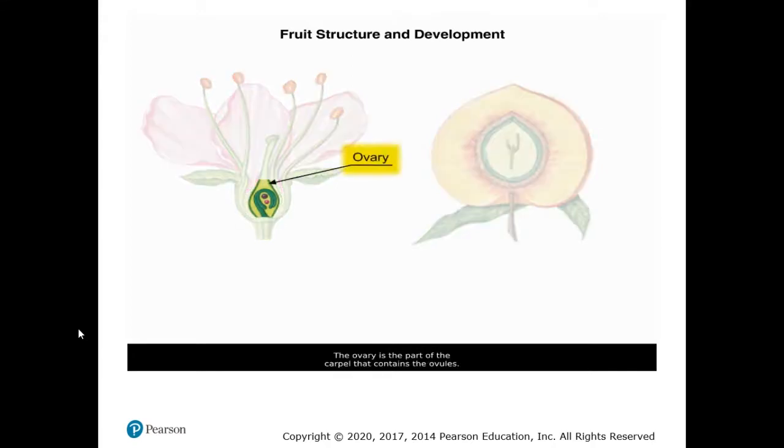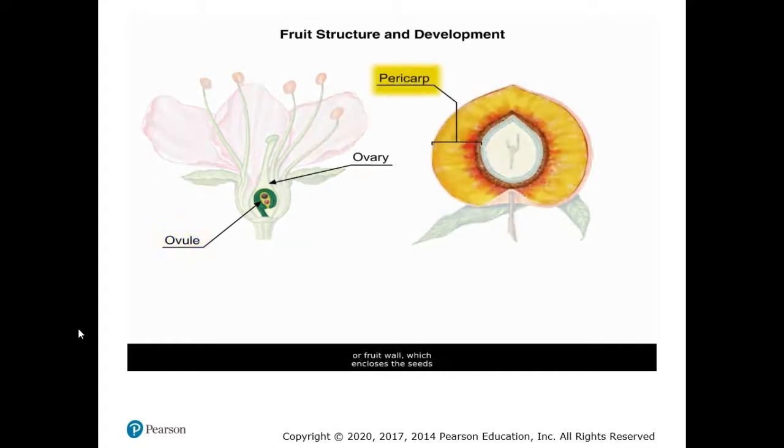The ovary is the part of the carpel that contains the ovules. After fertilization occurs in angiosperms, the ovary wall develops into a protective structure called the pericarp or fruit wall, which encloses the seeds and may aid in their dispersal. Together, the pericarp and seeds inside comprise a fruit. Fruits can be dry like nuts or fleshy like cherries and peaches.